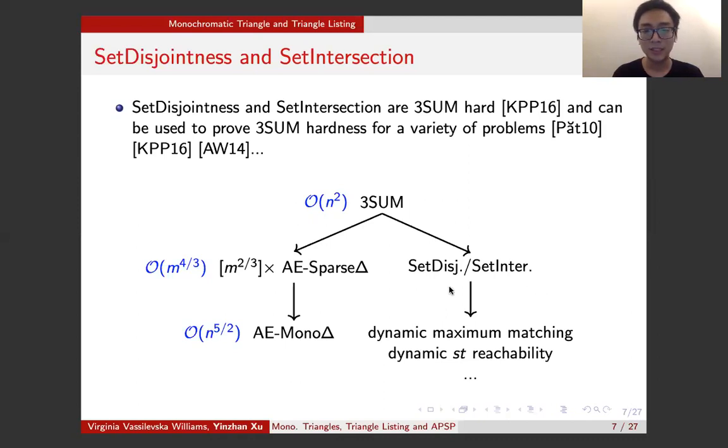Note that I'm not listing the running times of set disjointness and set intersection here in the figure, because these two problems have some hyperparameters, like the number of vertices in each part of the graph and the density of edges. Based on these parameters, these two problems have different running times.